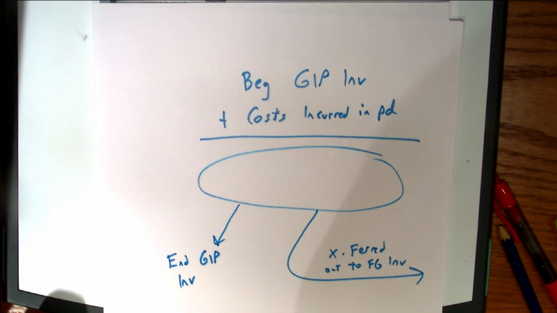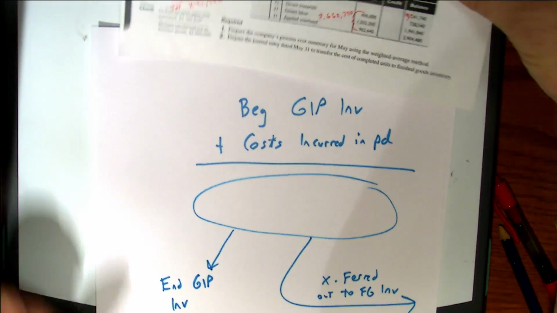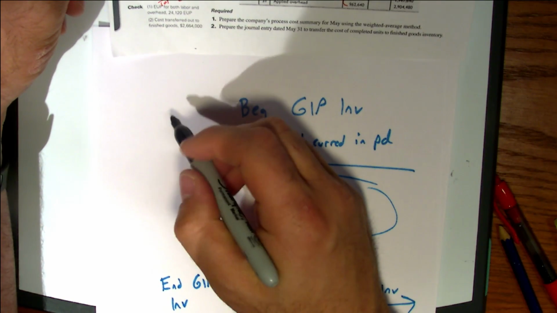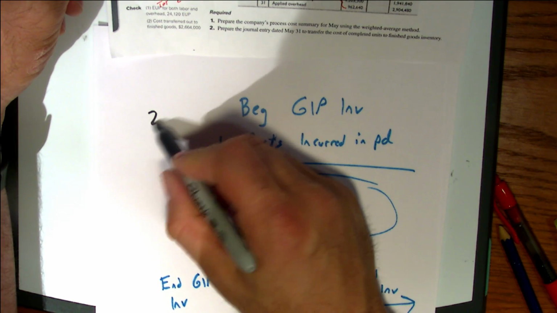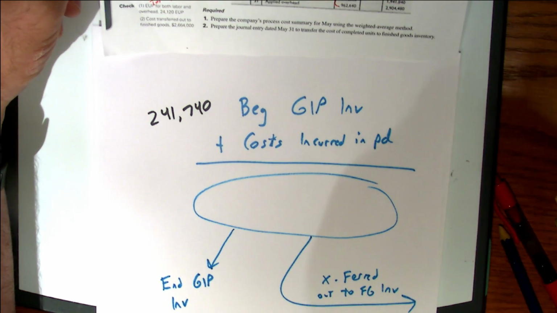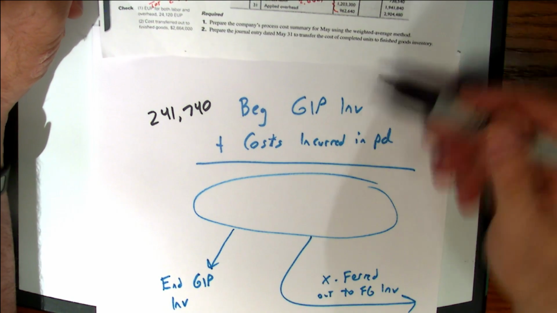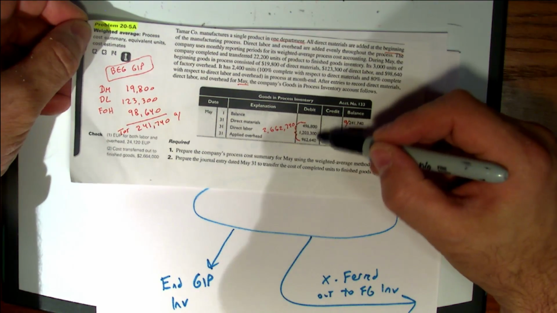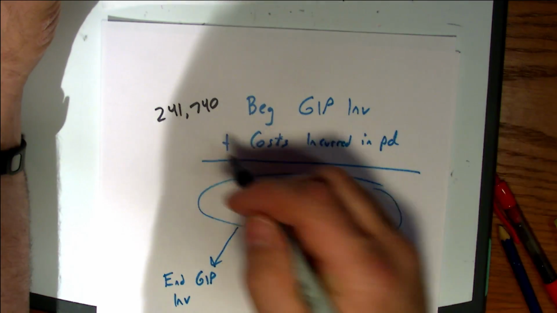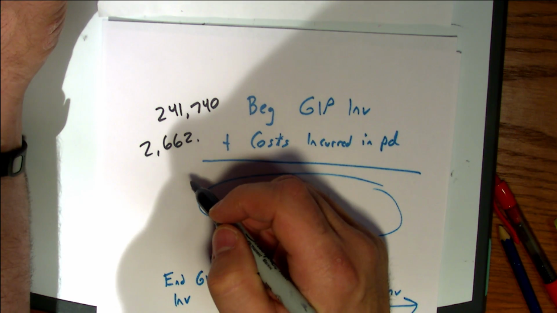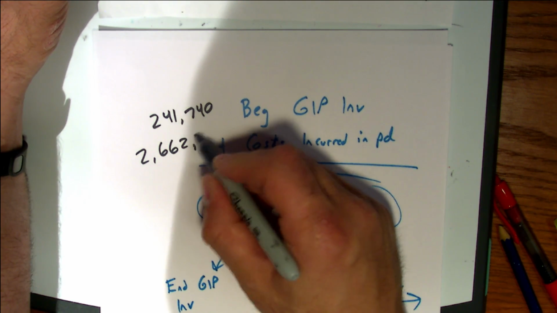We know some of these amounts from what we just did. The beginning goods in process is 241,740. The costs incurred in this period are these costs right here, which add up to 2,662,740.